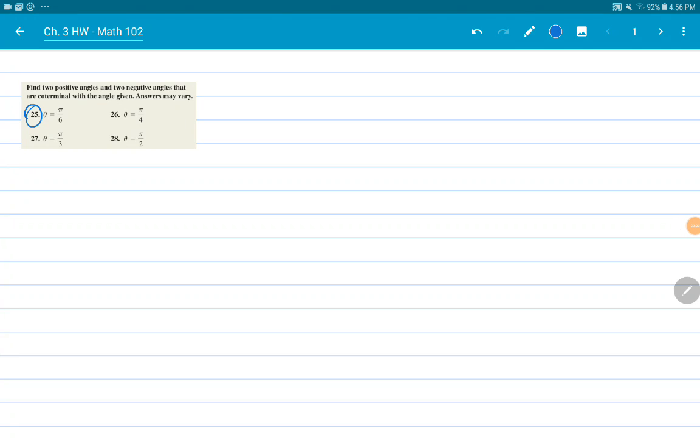In section 3.1, number 25, we are finding coterminal angles. And if you remember with degrees, if I had any number of degrees, I could find coterminal angles to that angle by adding or subtracting any multiple of 360 degrees.